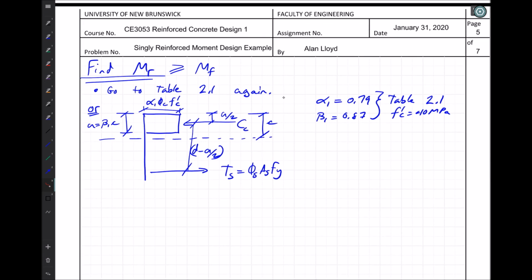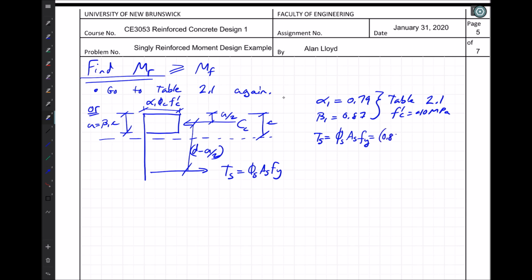The next thing we need to do is find the value of our tension force in the steel, and we know by definition steel has to yield or the beam is over reinforced. This beam will not be over reinforced since we have chosen rho to be under rho balanced, but we're going to check it again later anyway. We have the equation phi S, area of steel, Fy.